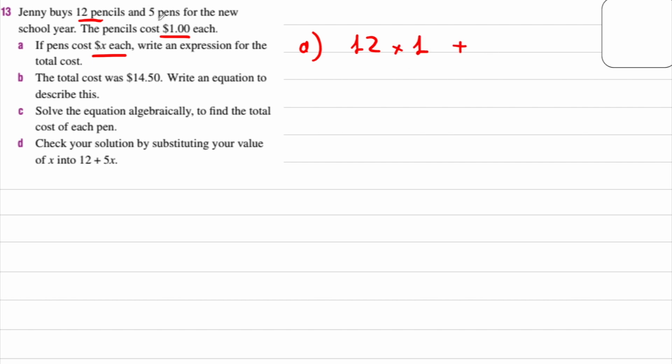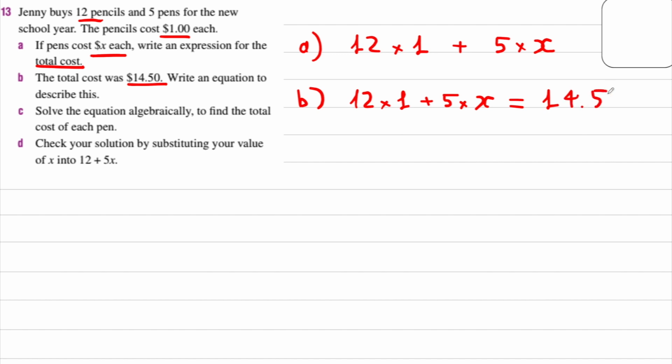You got 5 pens and each pen costs $H. Yeah, 5 multiplied by H, and this represents the total cost. Question B. The total cost equals this one. Write out the equation. Okay, 12 times 1 plus 5 times H, and the value of this will be 14.5.